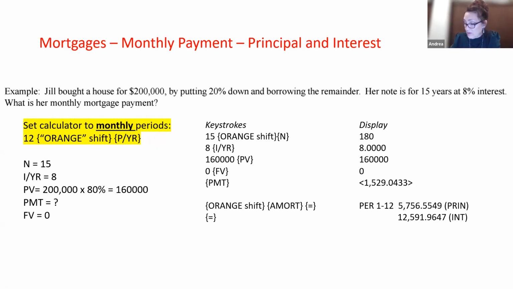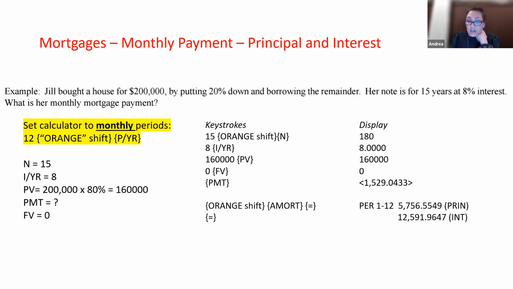It's actually under the future value button. In orange, you see amort. You don't have to change anything, for those of you that hopefully keyed all of the variables in. If you hit the orange shift button and then the amortization button and then the equal button, which is bottom row, second from the right.